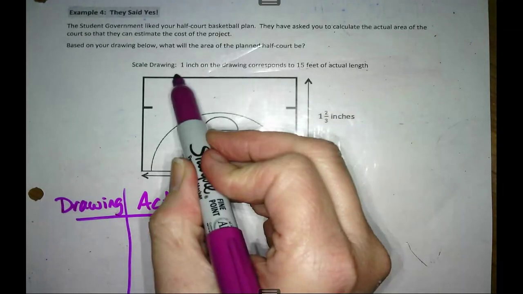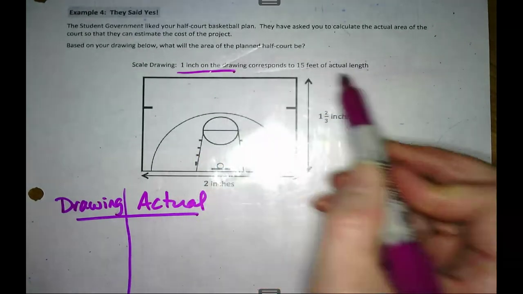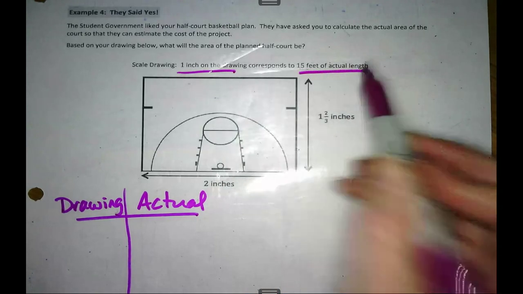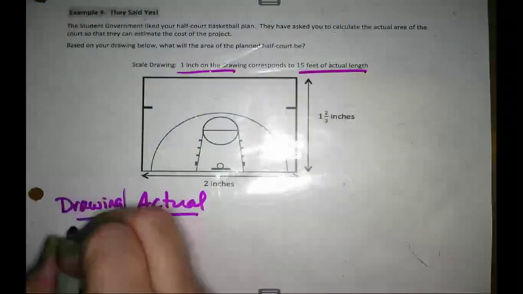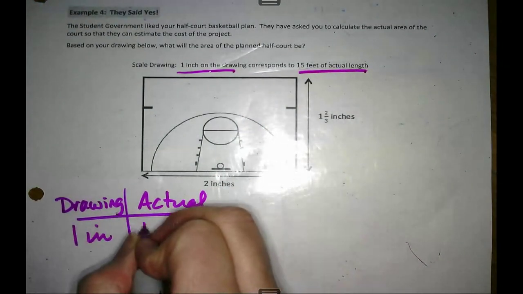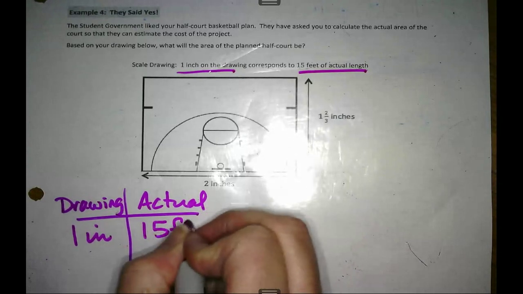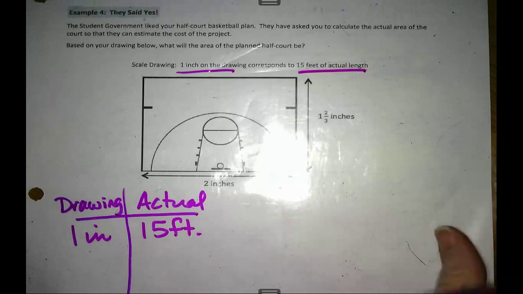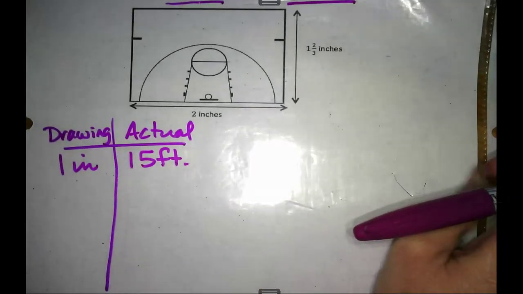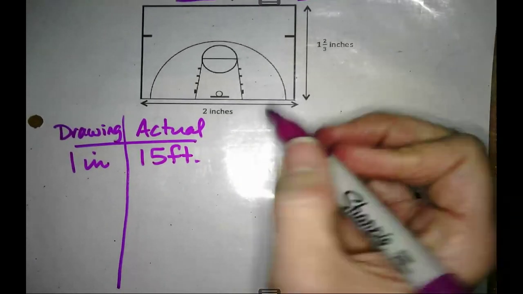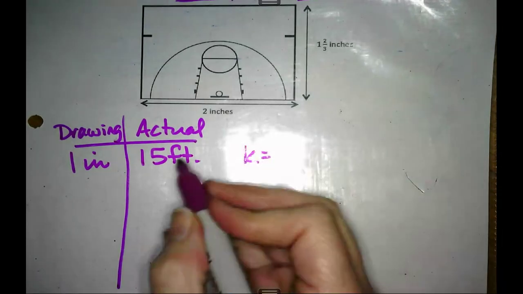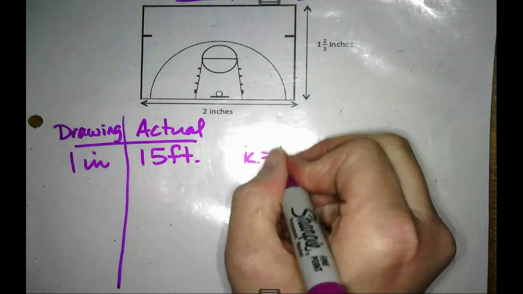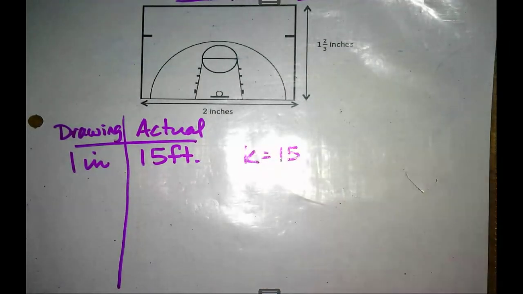And it tells me right here that 1 inch on the drawing represents or corresponds to 15 feet of actual. So 1 inch to 15 feet. And then if I look at this table, I will know right away that K equals 15 divided by 1. So K equals 15.